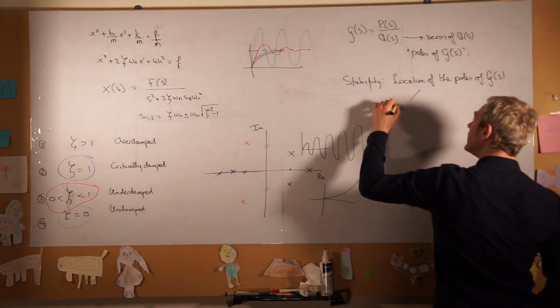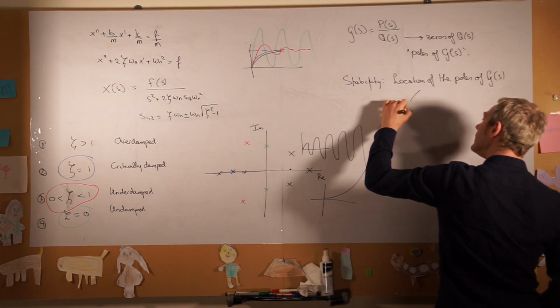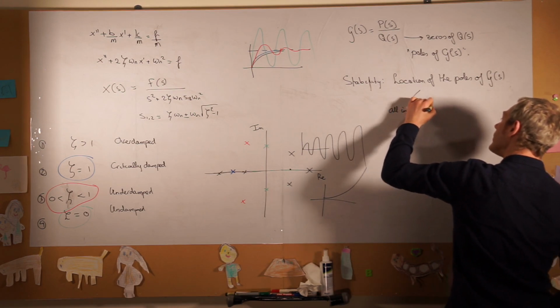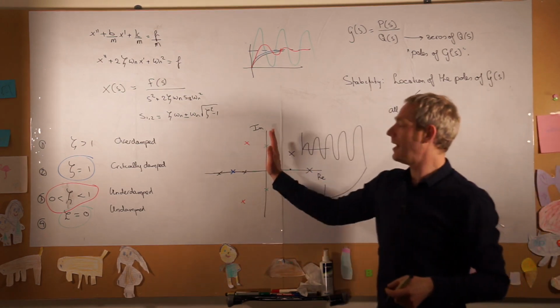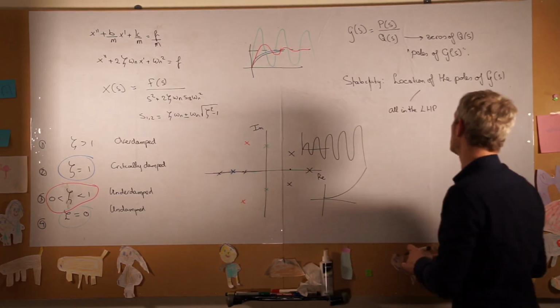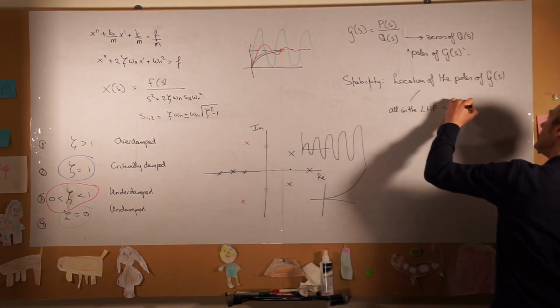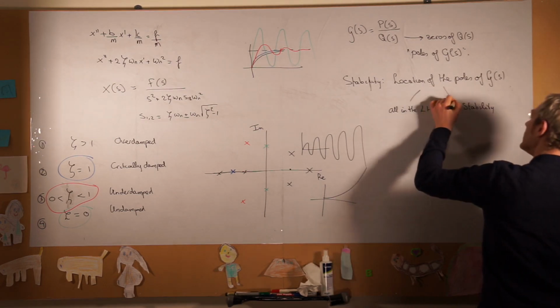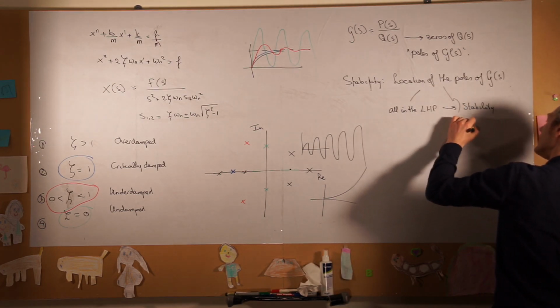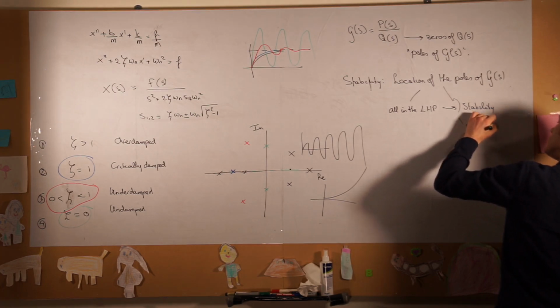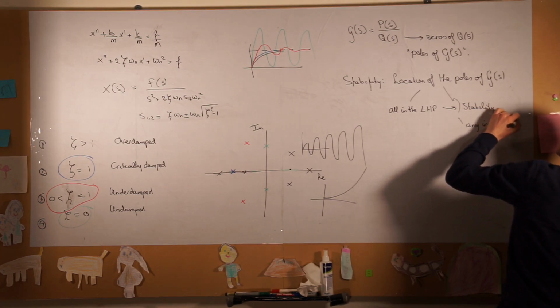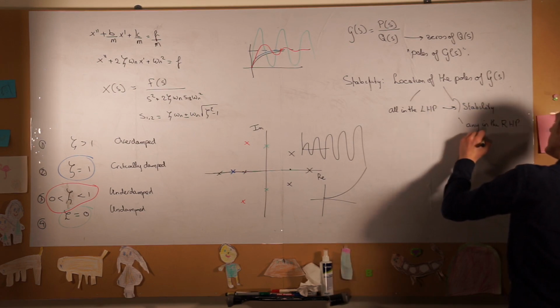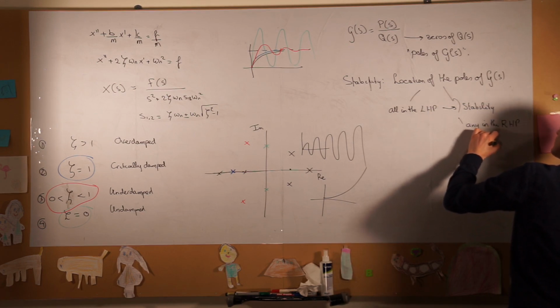If they are all in the left half plane, so on the left side of the imaginary axis, we have stability. And if there are any in the right-hand plane, we will have an unstable system.